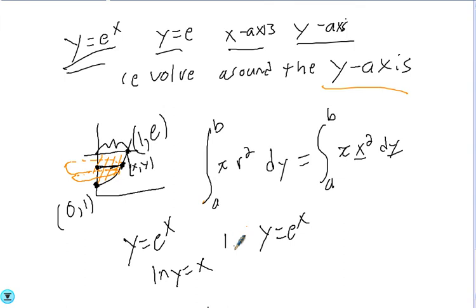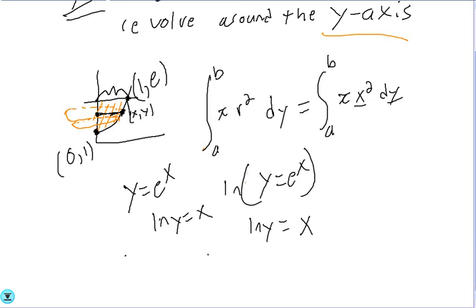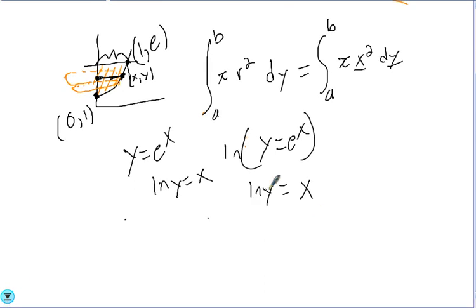The natural log of e to the x just reduces to x. And then we end up with this again. So now wherever we see an x, we can put the natural log of y. So the radiuses are natural logs of y. So we get the integral from a to b of pi times natural log y squared dy.